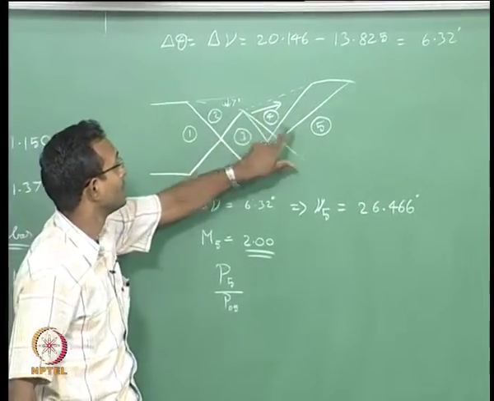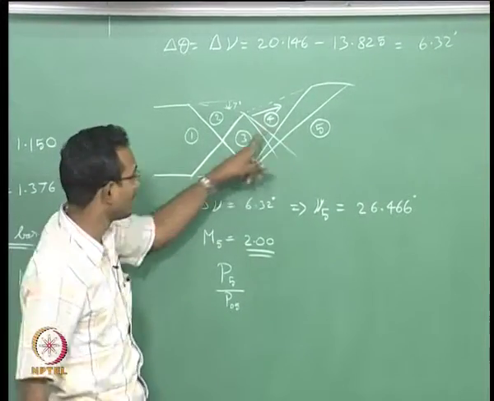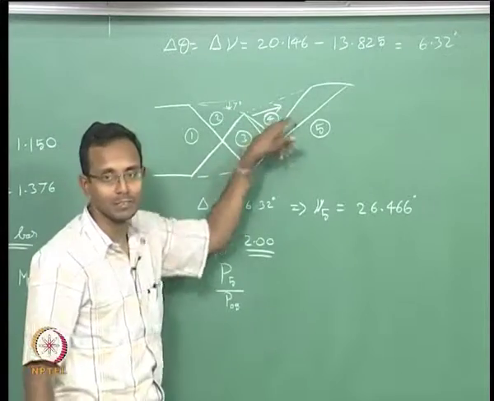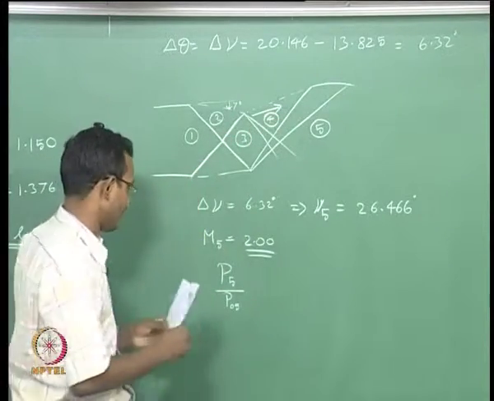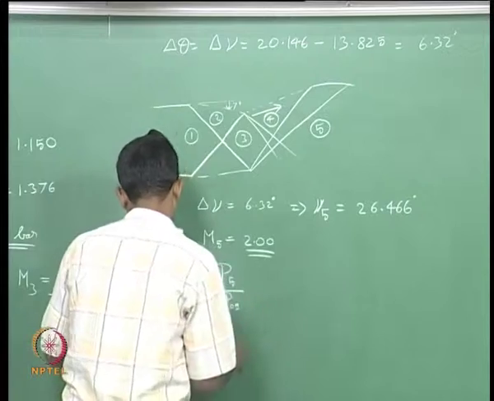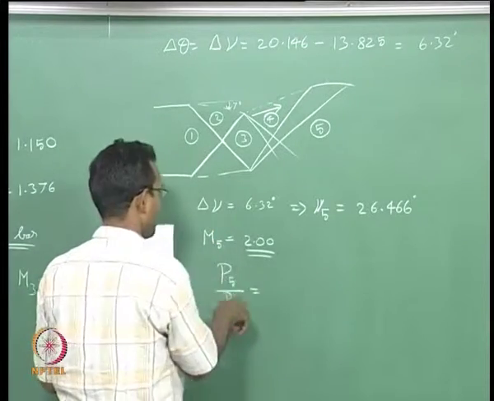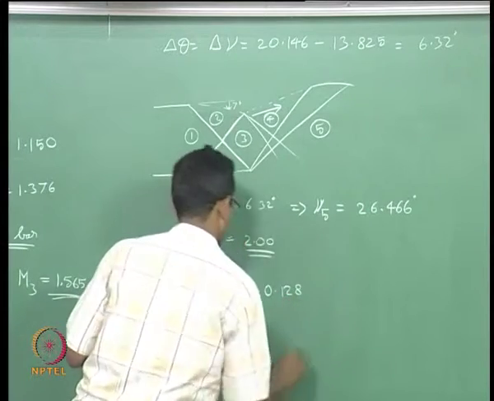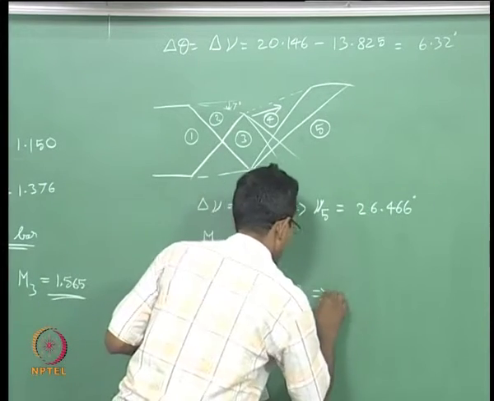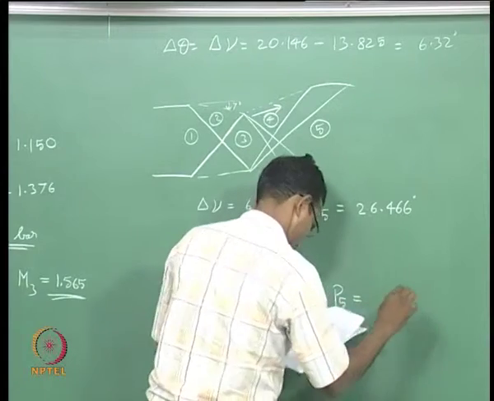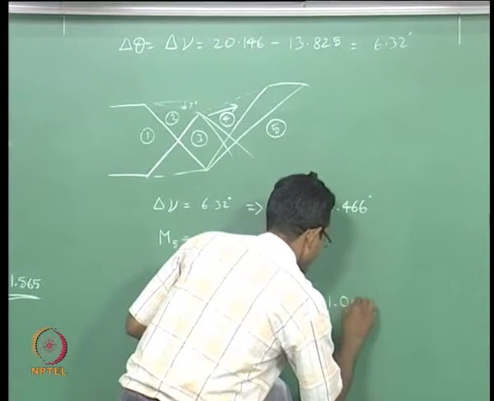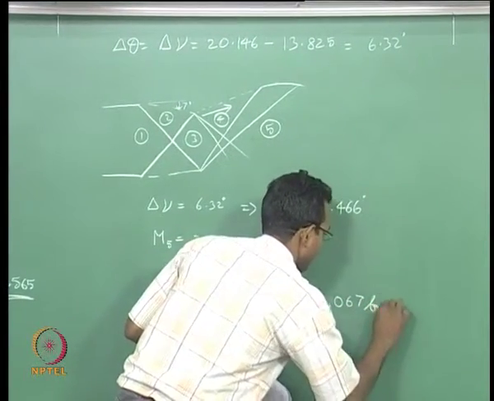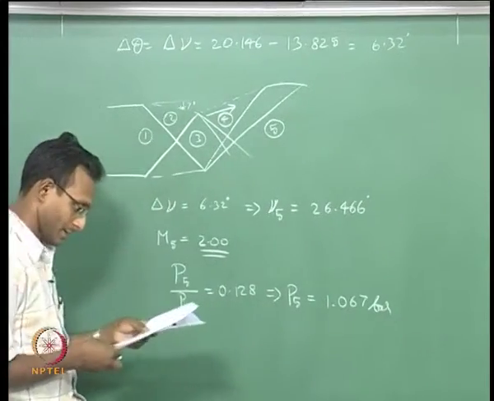P03, P04, P05 all are the same because these processes are all isentropic processes, P0 does not change. Okay. So, I can find this ratio for this Mach 2 condition is 0.128 and that is going to give me my P5 as 1.067 bar.